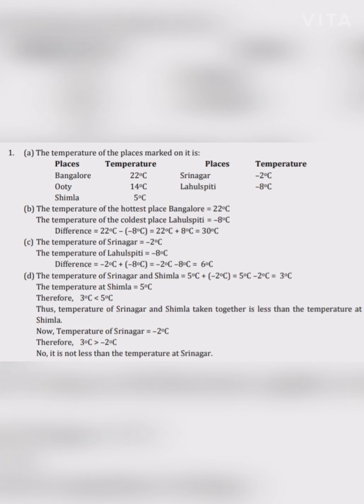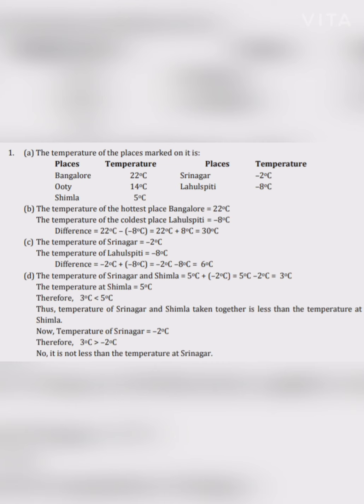This is the same question as question B. The temperature of Srinagar is minus 2 degrees Celsius and the temperature of Lahul Spiti is minus 8 degrees Celsius. We can find these from the table in the first question. So the difference between them is minus 2 degrees Celsius minus minus 8 degrees Celsius.